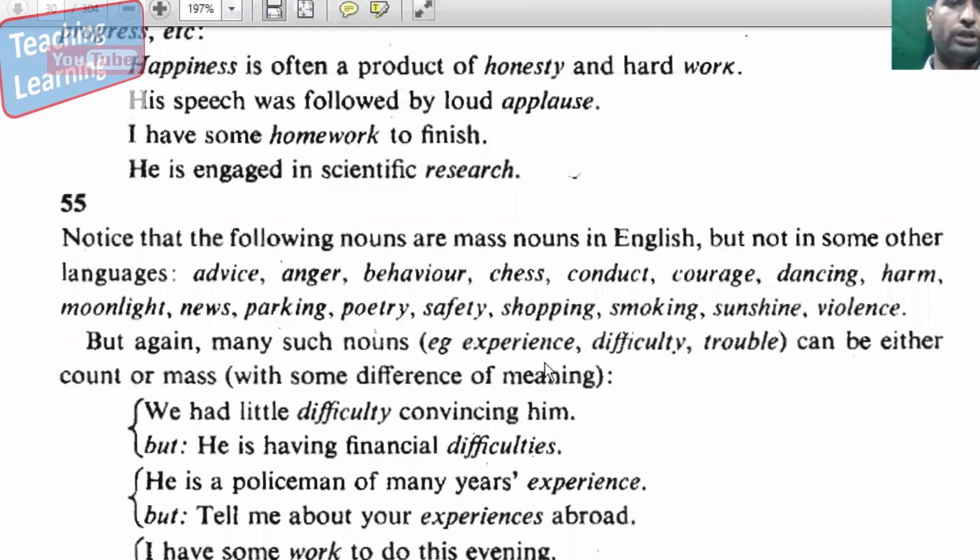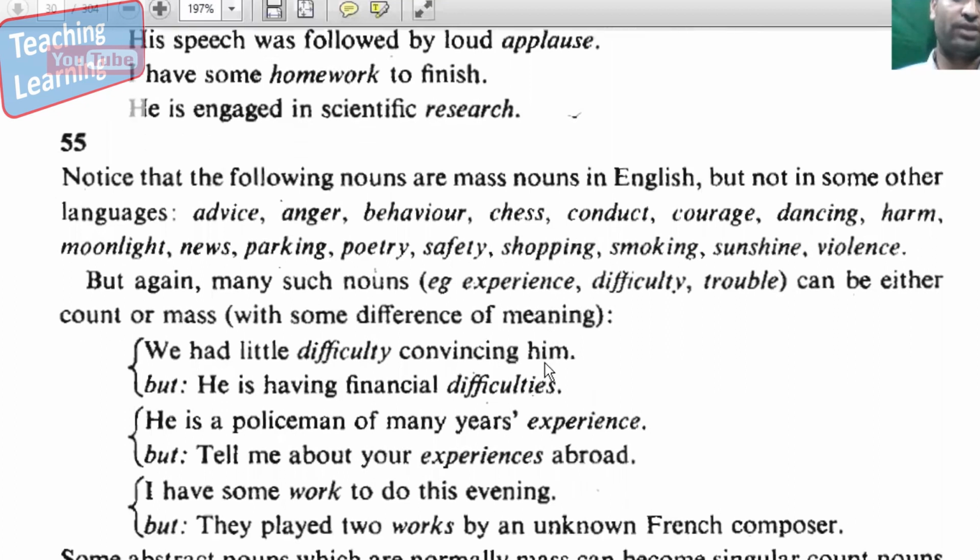Notice that the following nouns are mass nouns in English but not in some other languages: advice, anger, behavior, chess, conduct, courage, dancing, harm, moonlight, news, parking, poetry, safety, shopping, smoking, sunshine, violence, etc. These are mass nouns in English but may not be in other languages.